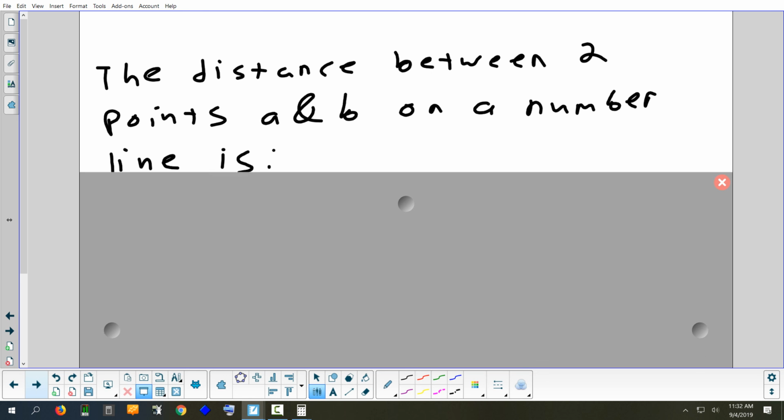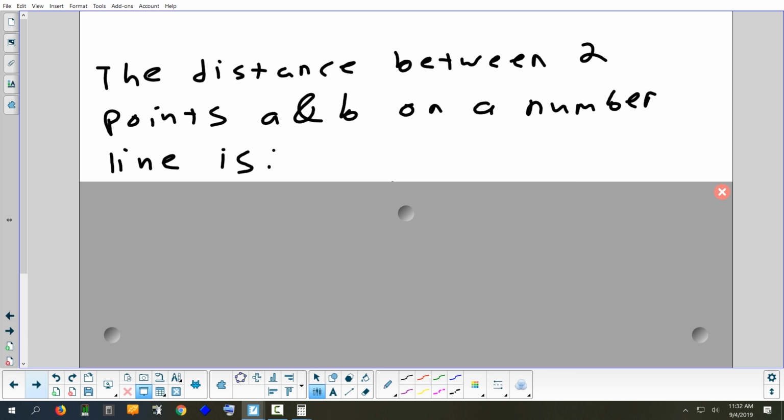All right. So, last thing we can really do with a number line with absolute value is figure out how far apart 2 points are. What operation would you use in math? If you had a point here and another one here, you want to figure out how far apart they are.